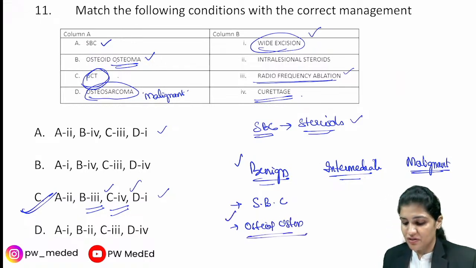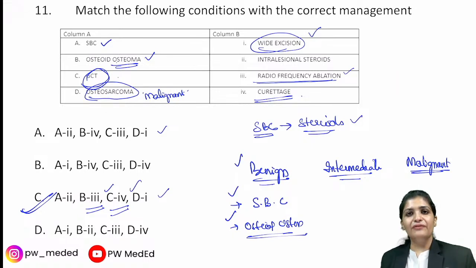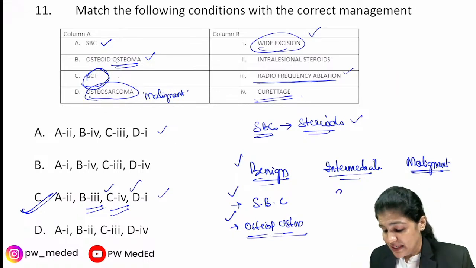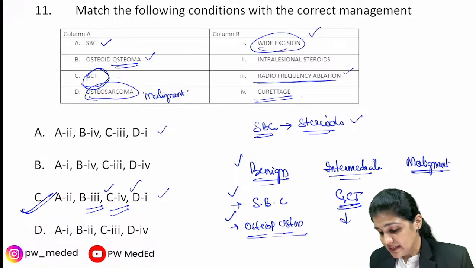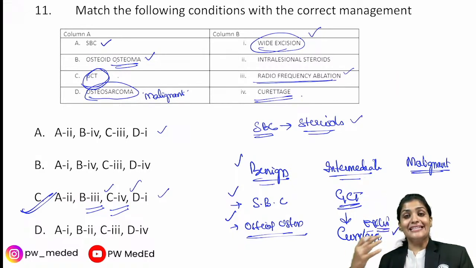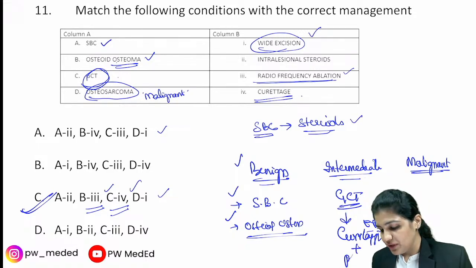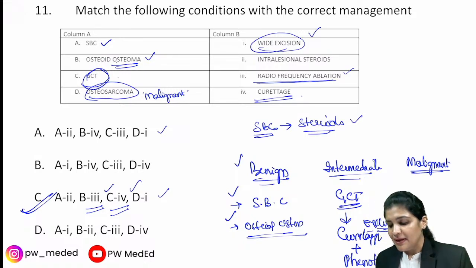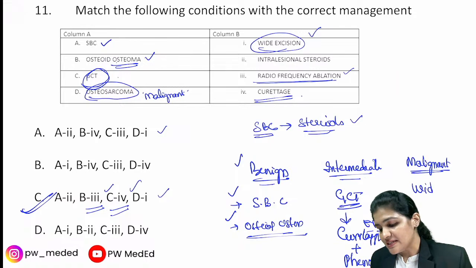Osteoid osteoma is treated with radiofrequency, and for simple bone cyst you give intralesional steroids. Intermediate, such as GCT, requires curettage. You will excise, remove, and then curette. That curettage is an extended curettage where you use phenol or liquid nitrogen to treat it. So this is extended curettage in case of the intermediate type, and the malignant type always starts with wide excision and can go up to radical excision.